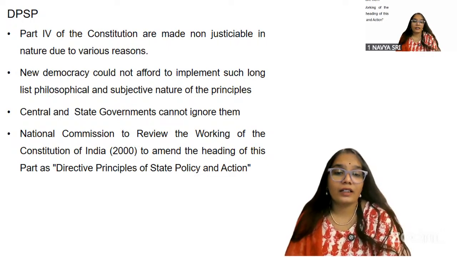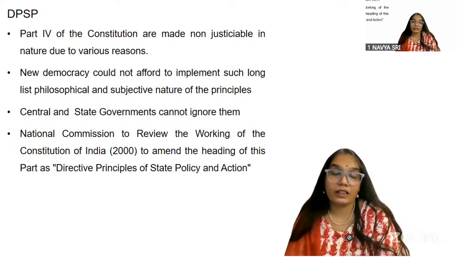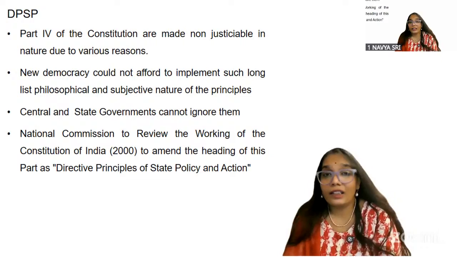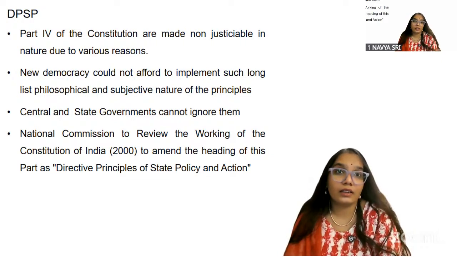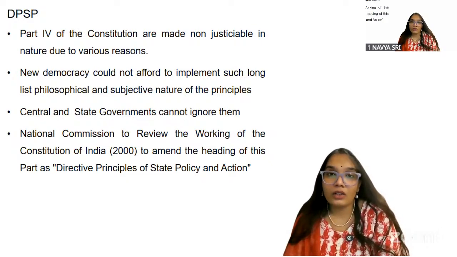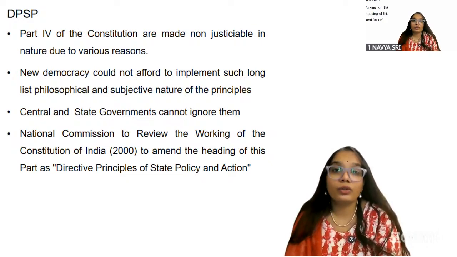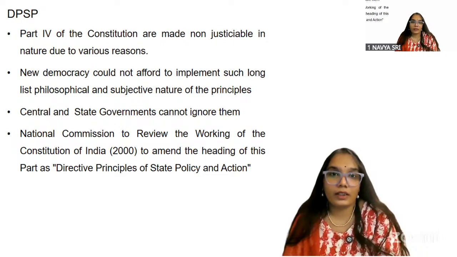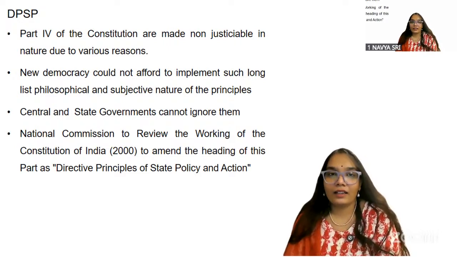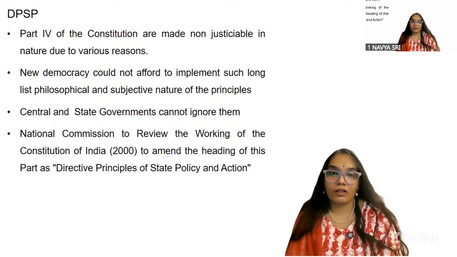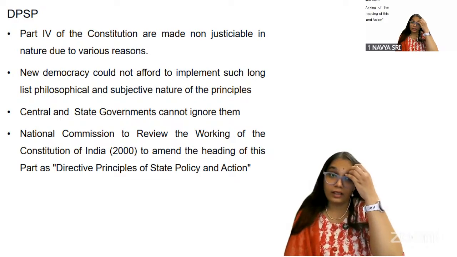But that doesn't mean the governments can ignore them, or that since citizens cannot go to court, they can choose not to make policies around such principles. That is not the case. It falls upon the state to implement or make policies around such principles.